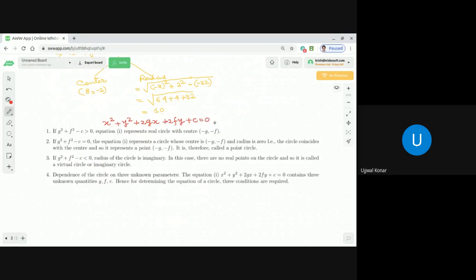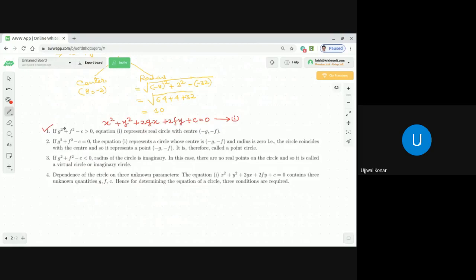I'm writing it here once so that I don't need to shift the screen. If g square plus f square minus c is greater than 0, then this equation represents a real circle with center at minus g comma minus f.